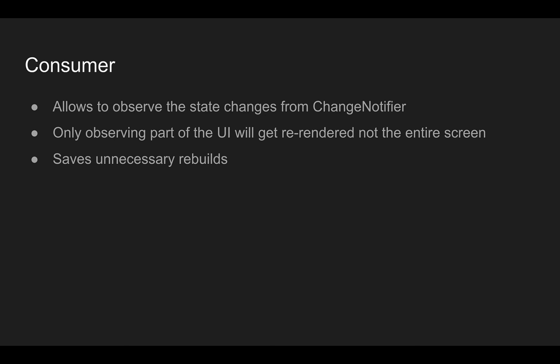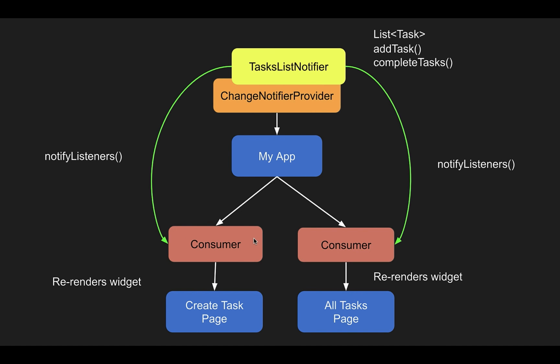Also, it can re-render a part of the widget or a part of the page whenever there is any change in the state, which actually saves unnecessary rebuild of the entire page. We can have consumers on top of the create tasks pages, or maybe we can put the consumer on top of upcoming tasks where we need that widget to be re-rendered after we have done any changes.